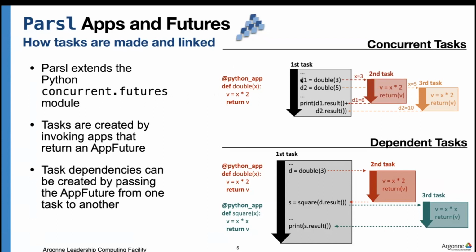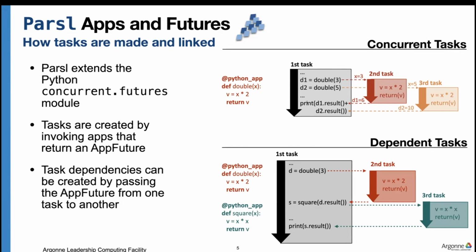And when you call it, what these variables D1 and D2 return is not actually 6 and 10, it's the future. In normal Python code, these would execute serially. Instead, what happens is you create these futures, they get sent off to Parcel workers, and they can execute concurrently.